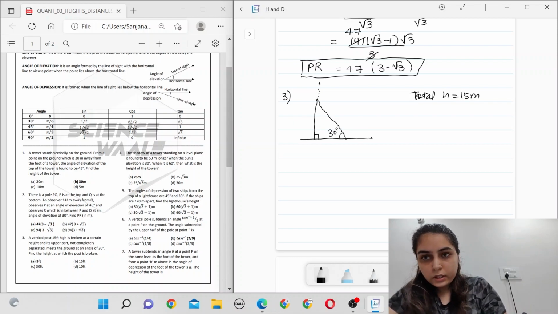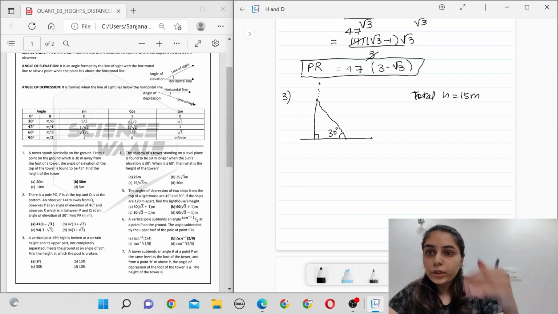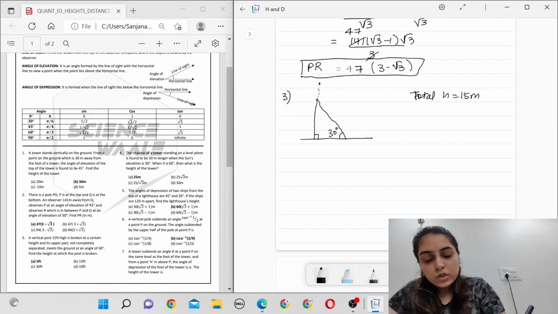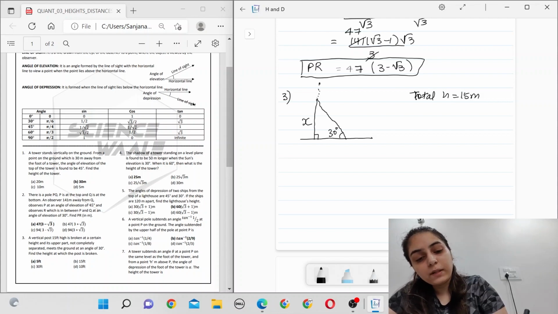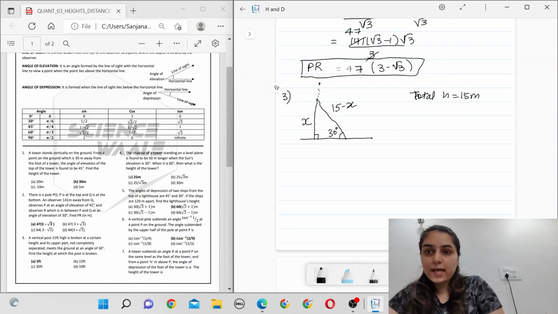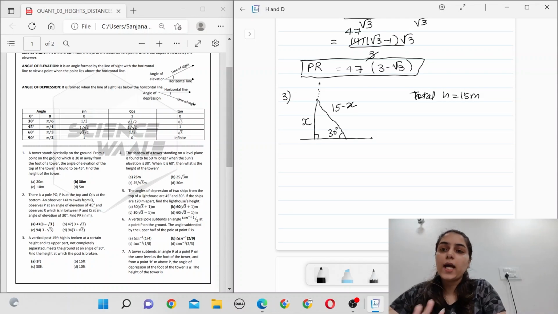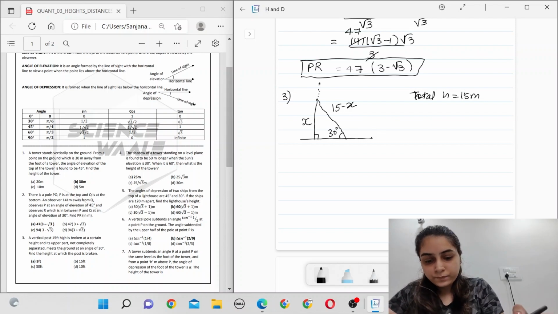They have given us that it is totally 15 meter high. So if we assume this vertical part to be x, automatically the part which is broken will be 15 minus x, because the total height of the post is 15 meters.